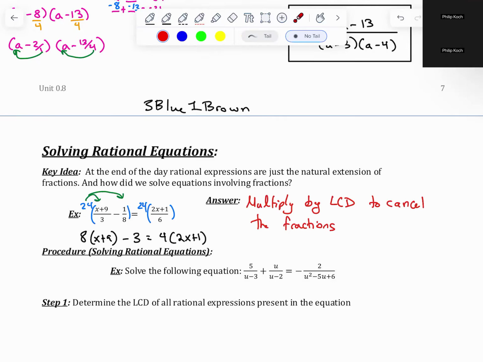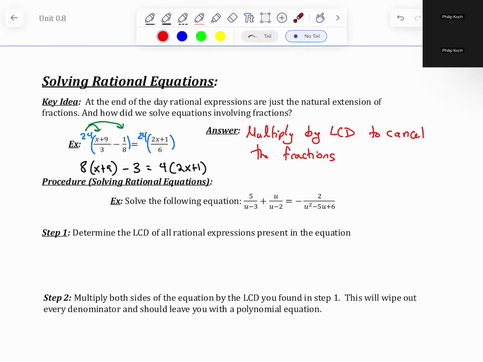And that is a far nicer equation to deal with, because it's just integers. That's how we solved it nicely. We got rid of the fractions by multiplying by the LCD, because the LCD has all of the denominator pieces present. So that's what we're going to do in this thing. It's the same concept, but we're now abstracting it one level more.